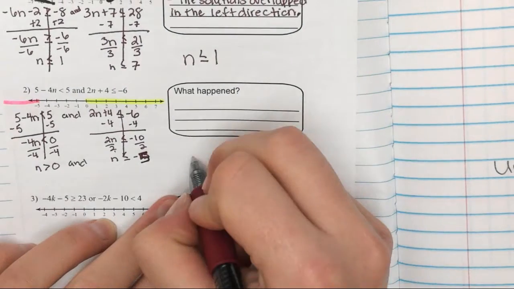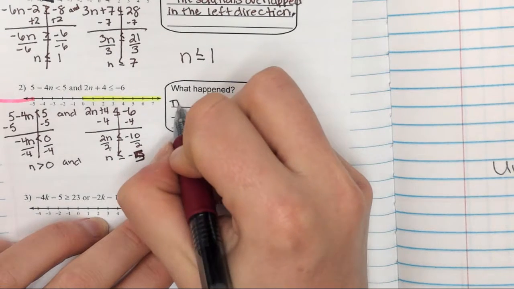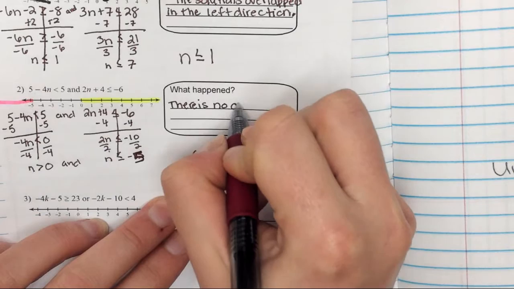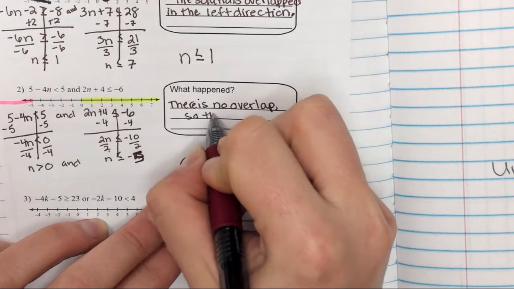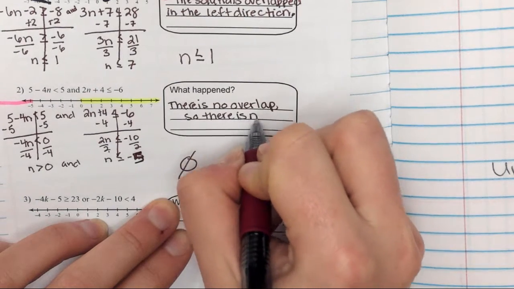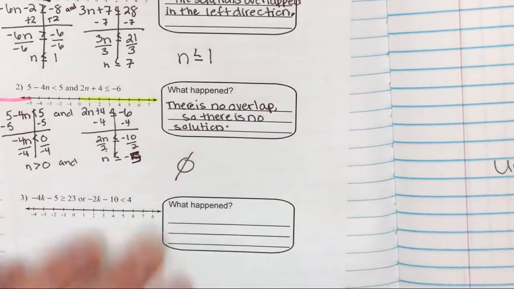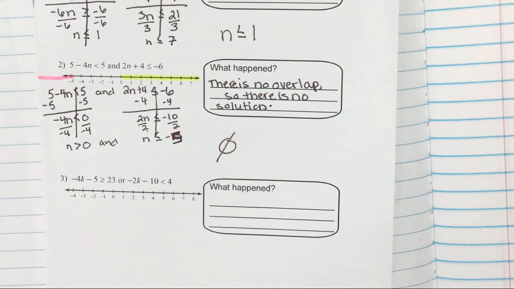So the answer to this is no solution. When there's no overlap in an and statement, there is no solution to that inequality.